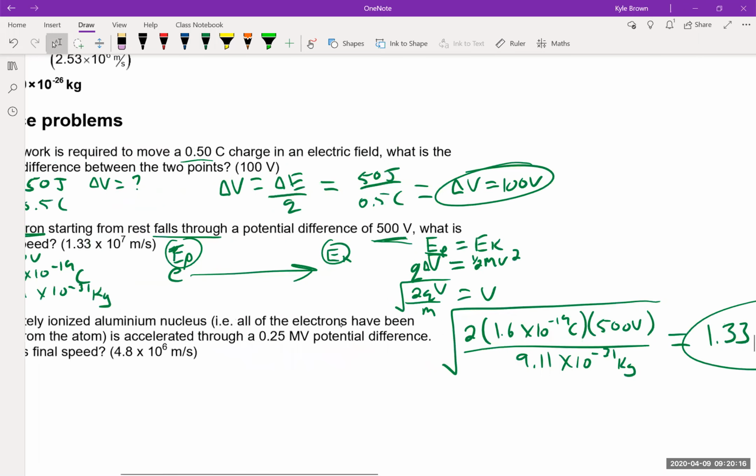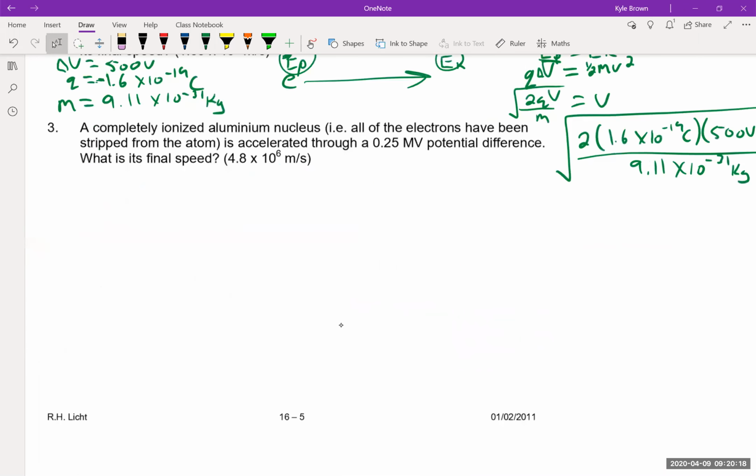Okay, last one. It says a completely ionized aluminum nucleus. Ionized, you might not know what that is. You might from chemistry. If you don't, that's fine. Ionizing means to completely strip all of the electrons off of the atom. On an atom, you've got protons and neutrons in the nucleus, and electrons going around the outside. If an atom is ionized, all the electrons are gone.